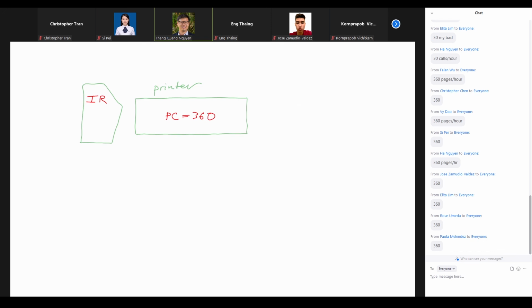And then the demand rate is 400. That's the demand rate. So we have a lot of inventory, we have a lot of demand, but the flow rate is only 360, right? To illustrate it, I draw the flow to be equal to the process capacity.